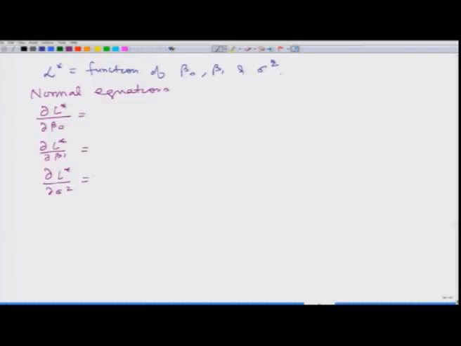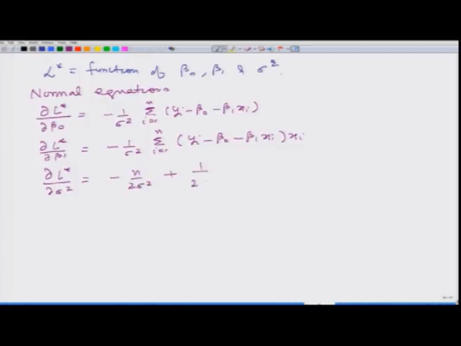So, once I differentiate it, I get here minus 1 over sigma square summation i goes from 1 to n (y_i minus beta 0 minus beta 1 x_i), and here I get minus 1 over sigma square summation i goes from 1 to n (y_i minus beta 0 minus beta 1 x_i) times x_i, and here I get minus n over 2 sigma square plus 1 over 2 sigma square is a square.